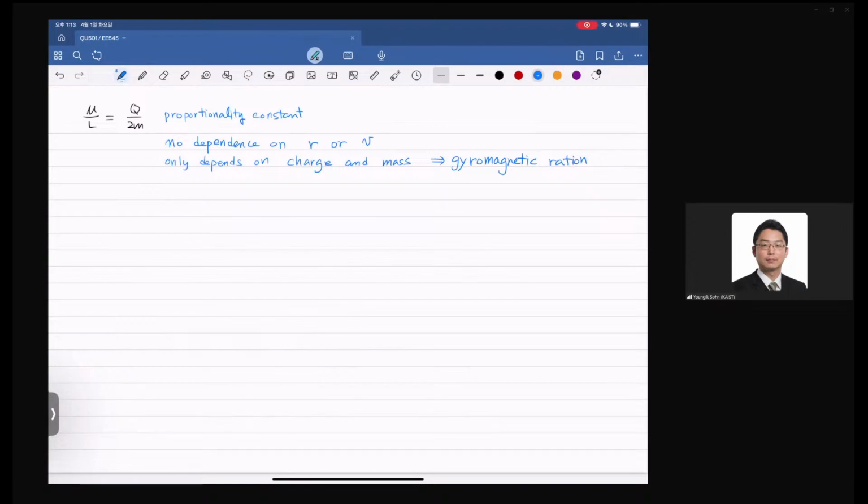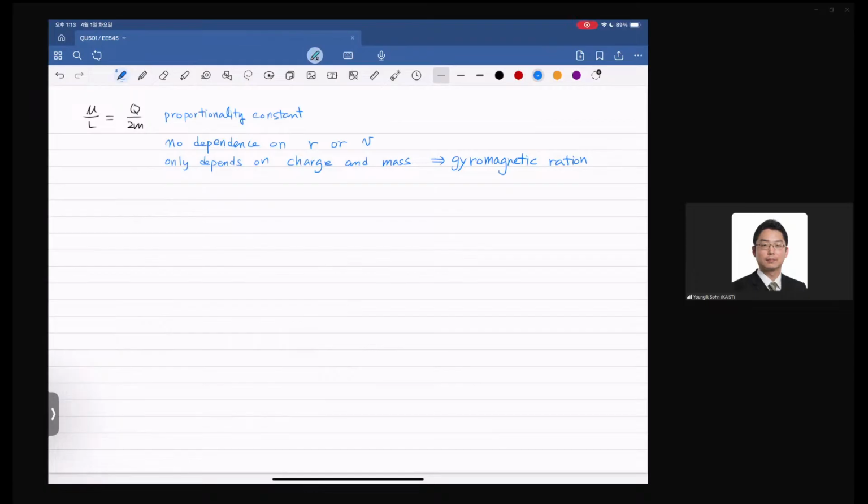Right? Some circle that the current loop is making, and then it will make the magnetic dipole moment. The ratio between them is called the gyromagnetic ratio. All right, this concept will be extended and applied to spin as well soon.